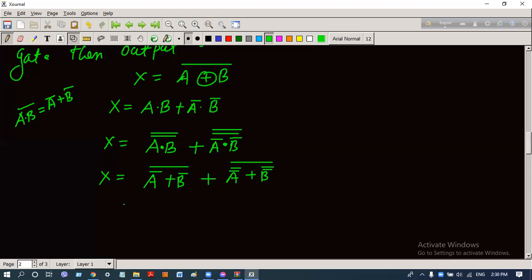Okay, now X equals A complement plus B complement whole complement plus A plus B whole complement. In accordance to Boolean algebra, A double complement equals A, because double complement vanishes each other. So A double complement equals A, B double complement is also equal to B.